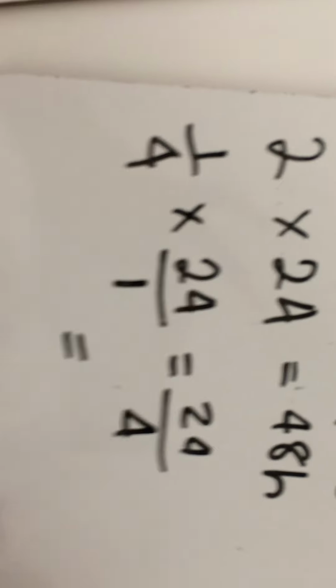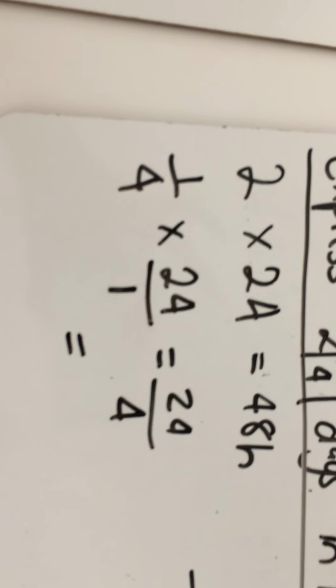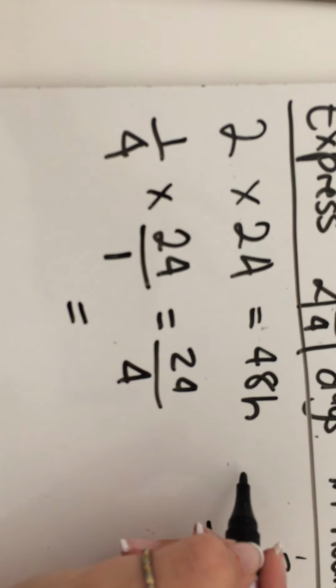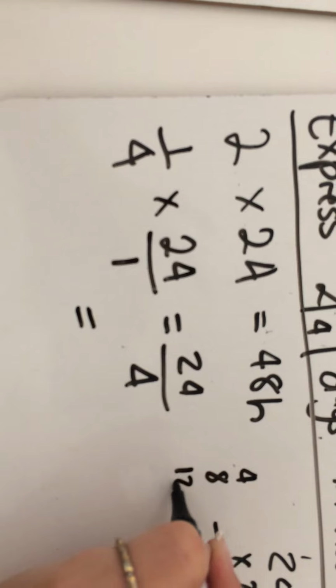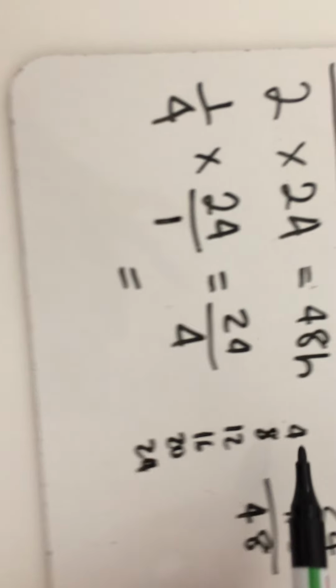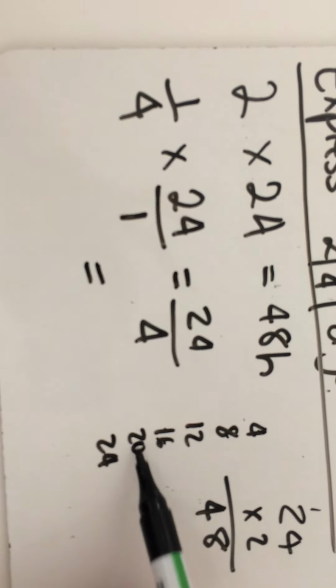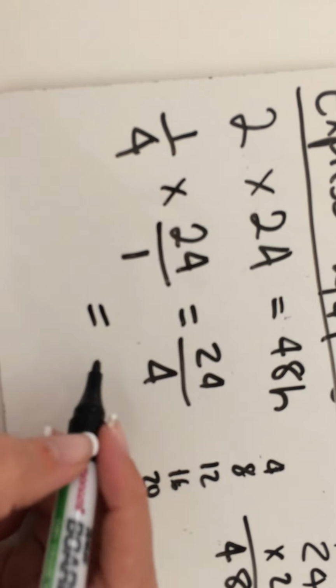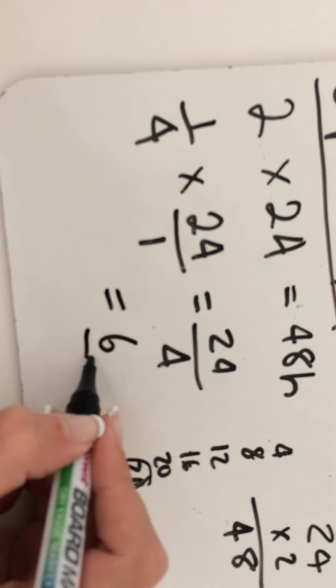I need to ask myself, how many times can 4 go into 24? So I do my 4 times table: 4, 8, 12, 16, 20, 24. So it goes in 1, 2, 3, 4, 5, 6 times with no remainder. So my answer is 6.